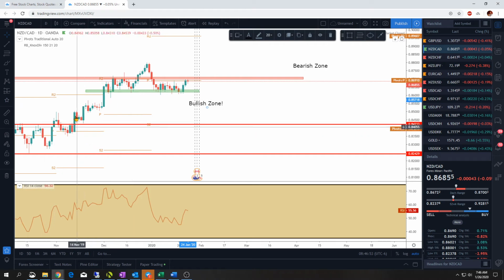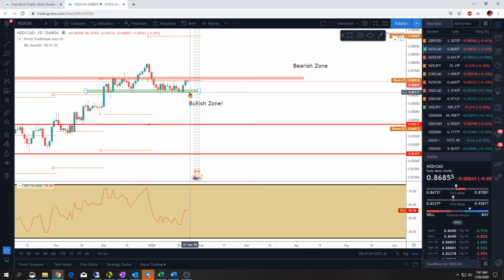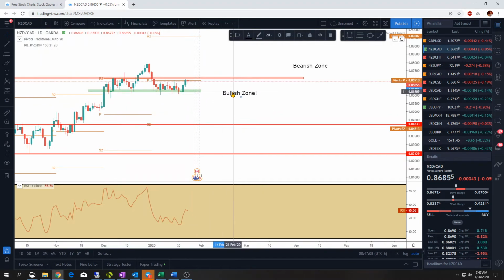So again, it looks like we're starting to form a head and shoulders pattern, right? You've got a shoulder here, you've got a head. We pushed back up. We have not broken this neckline, so that's why I got the bullish.